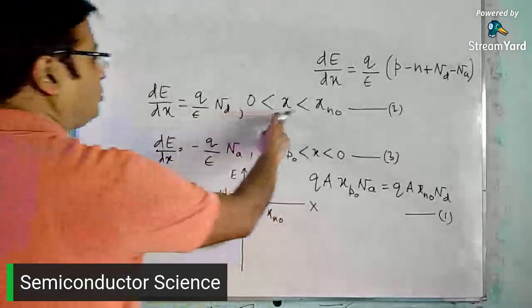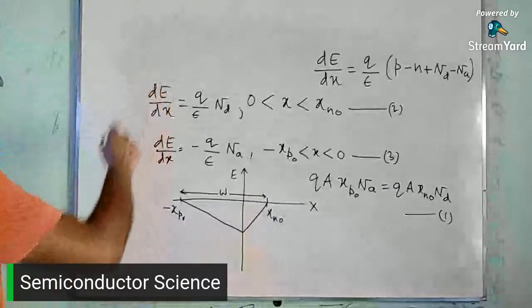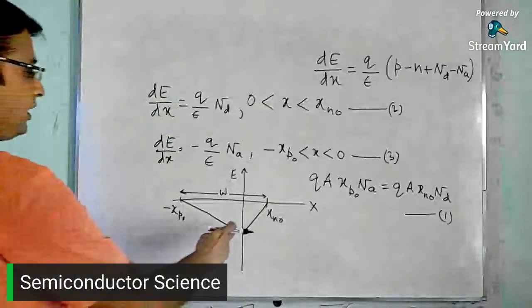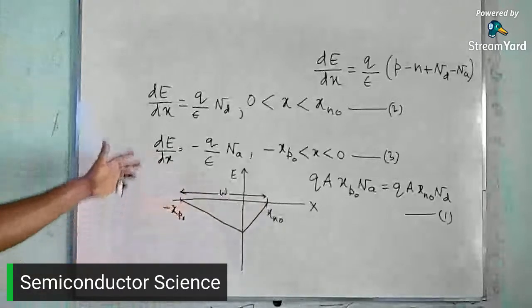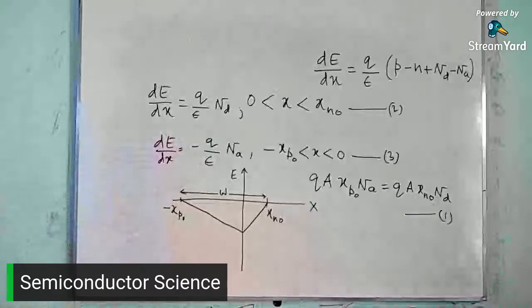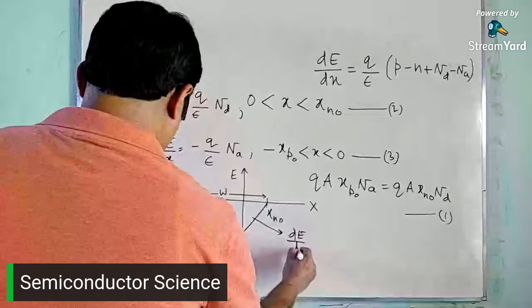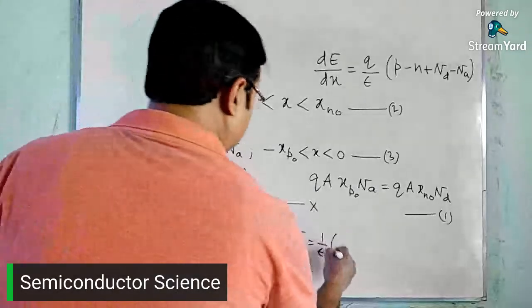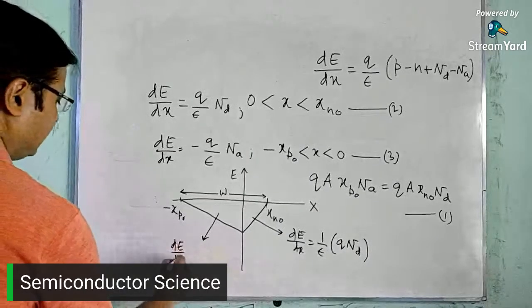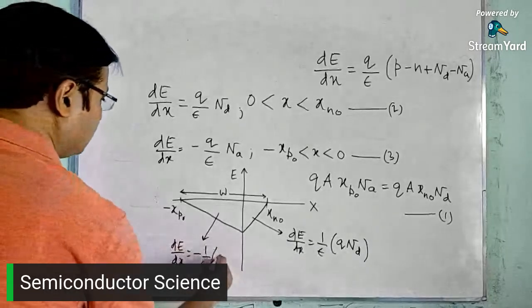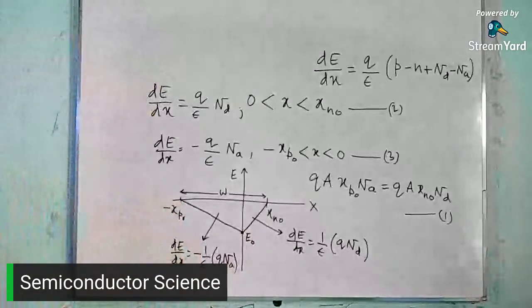From 0 to xn0, inside the n-type layer within the transition region, the gradient of the electric field is positive, with dE/dx equal to q by epsilon into Nd, as found in equation 2. Within the p-type side of the depletion layer, dE/dx is negative, equal to minus q by epsilon into Na. The peak we call E0.